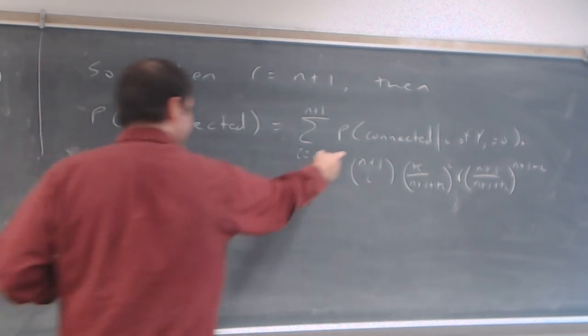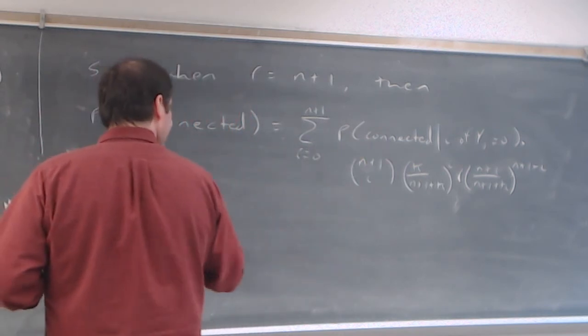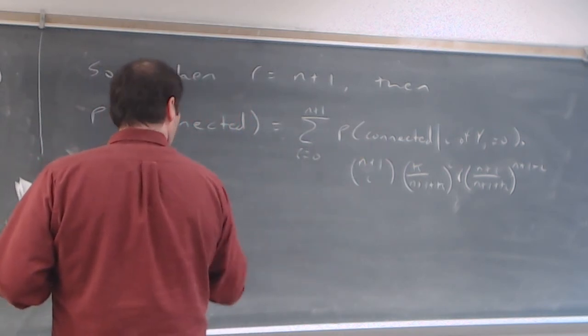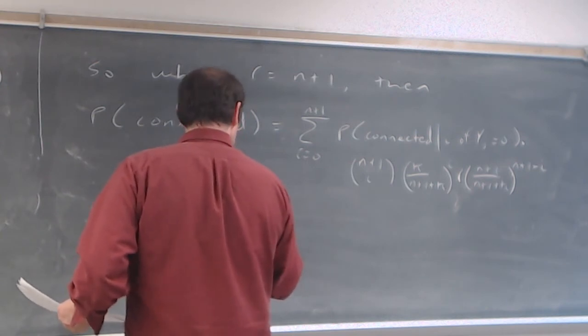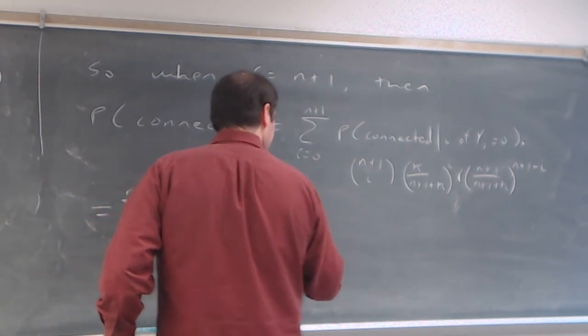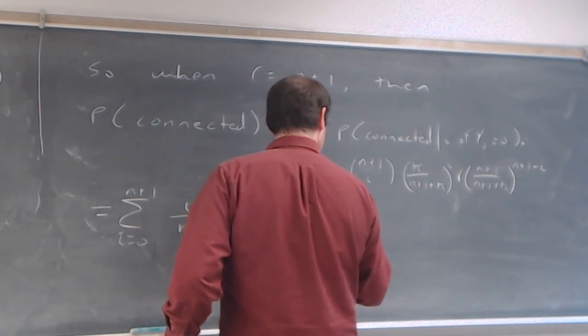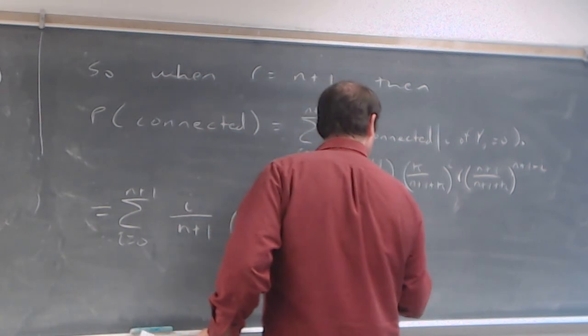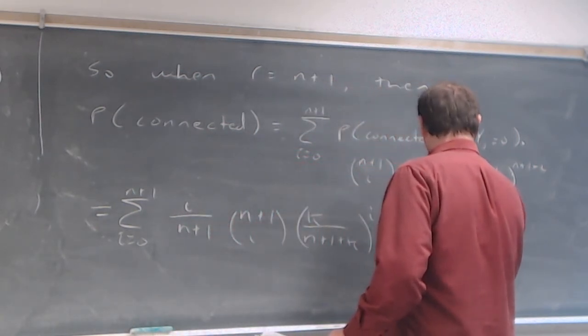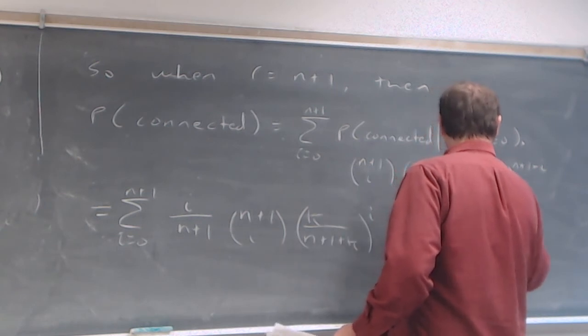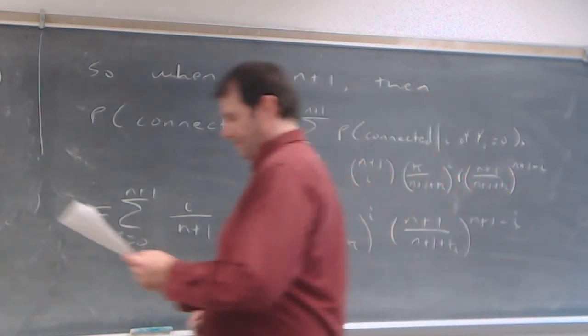Okay, so we have an answer for this. It was I over n plus 1. And then times this n plus 1 choose I, k over n plus 1 plus k raised to the I times n plus 1 over n plus 1 plus k raised to n plus 1 minus I.